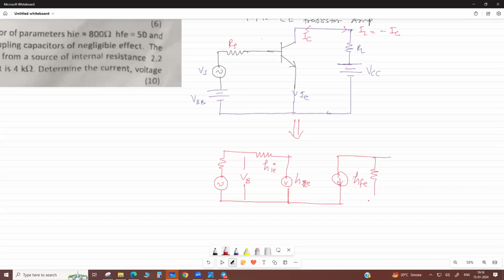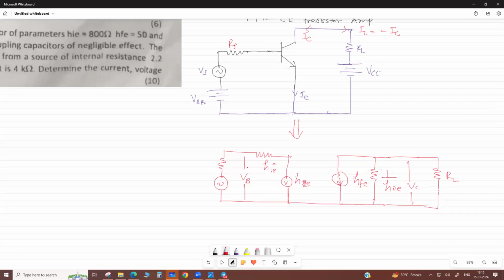Here it is a load, which has the parameter 1 by HOE. And here is your VC, the collector voltage. Then you have a load resistance RL, across which we get the output.